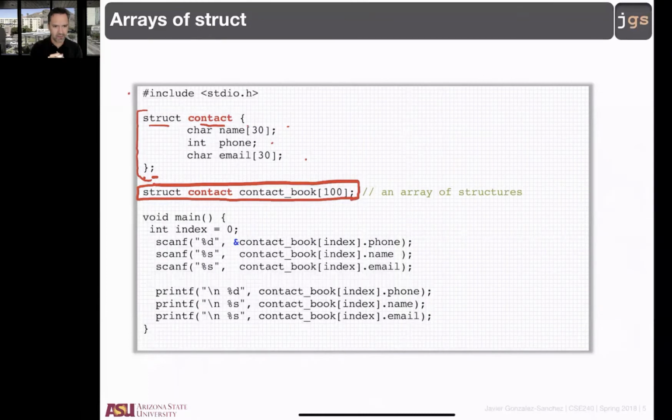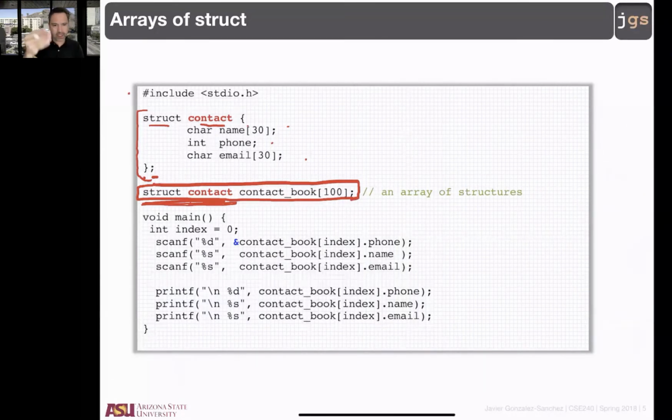What is the type for the variable? Well, the type is contact, but because it's a struct, the rule is the type is the name, but also the keyword struct. All this, struct contact, is the type for that variable.